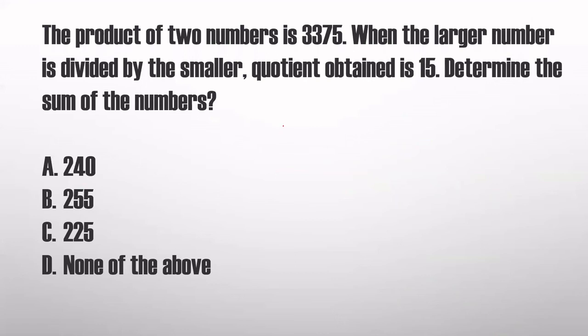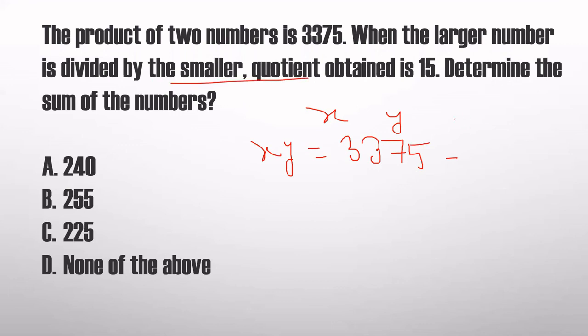That is very easy, but say one number is x, another is y. In a similar way, the product is 3375, right? And in another way, if the larger number x is divided by the smaller y, we will get 15.